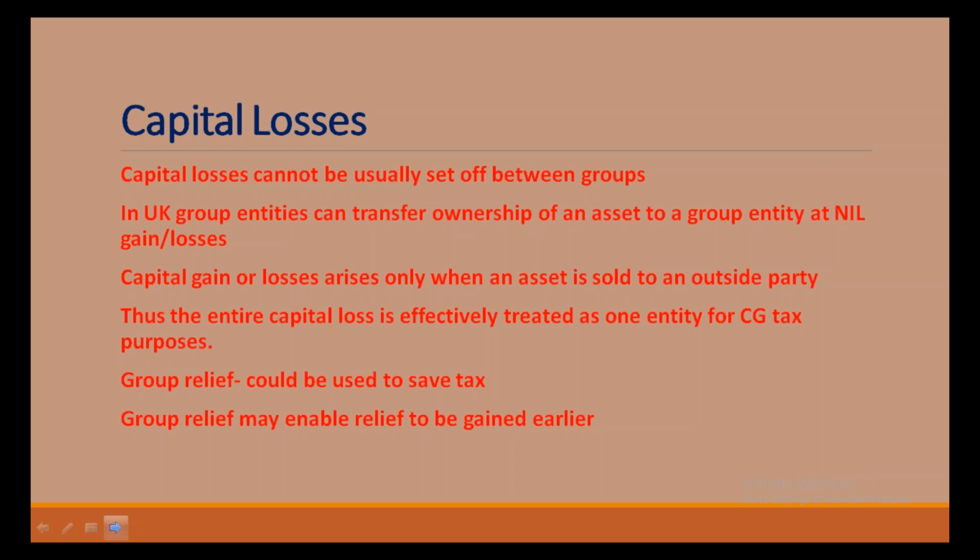UK entities can transfer ownership of an asset at nil gain or loss. That is possible. If a parent has an asset which cost 100,000, they can transfer it to a subsidiary at 100,000. So then there is no profit in the parent. You don't need to pay any taxes because your cost is 100, you sold it for 100. That is permitted.